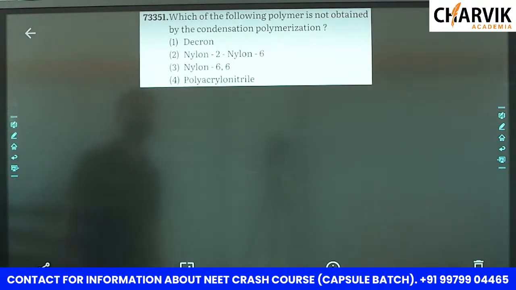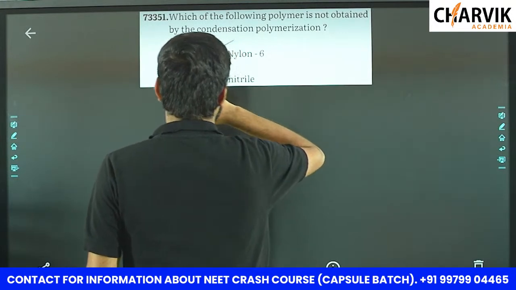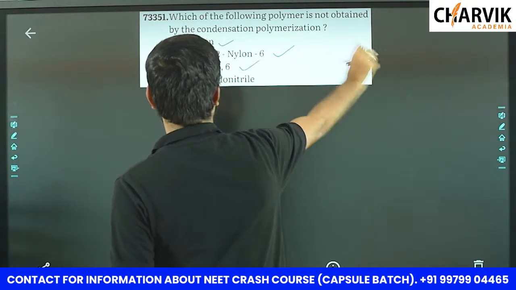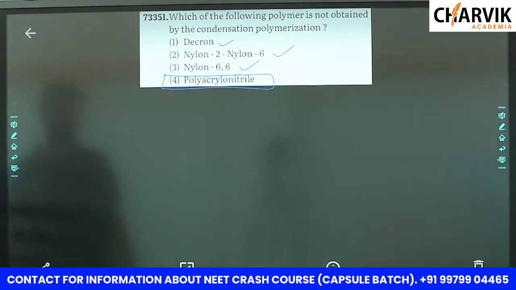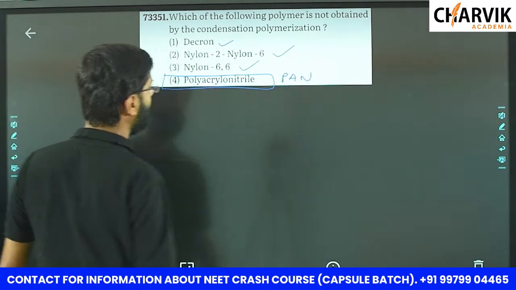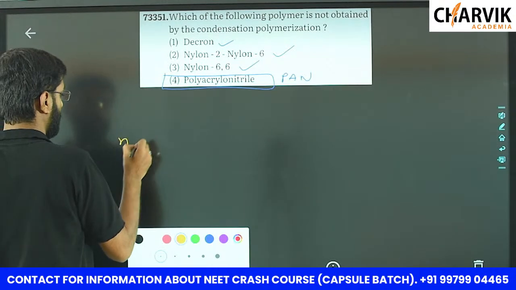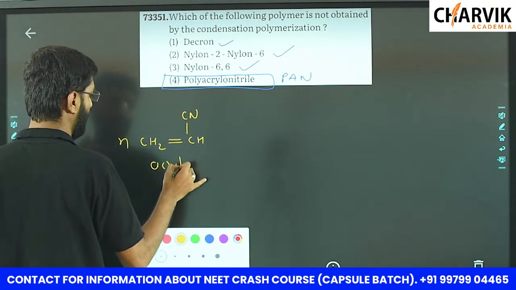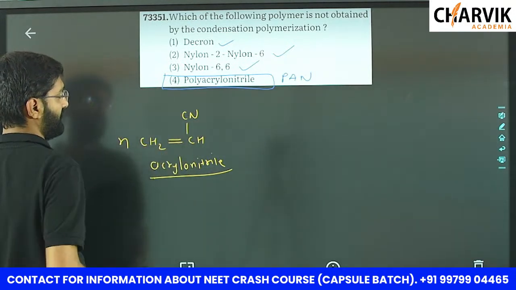Which of the following polymers is not obtained by condensation polymerization? Question from polymer. Dacron is condensation polymer. Nylon 6,6 is also condensation polymer. Nylon 6 is condensation polymer, but polyacrylonitrile, PAN, is not a condensation polymer, because structure of acrylonitrile is CH2=CHCN.